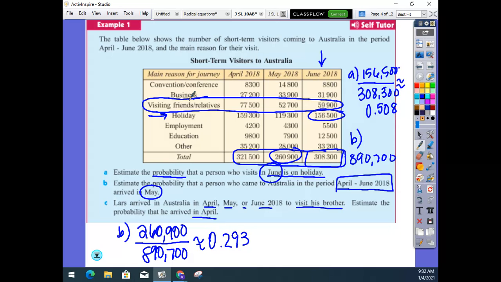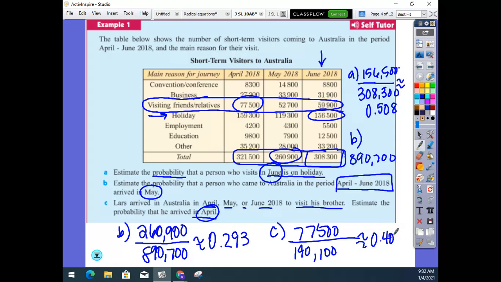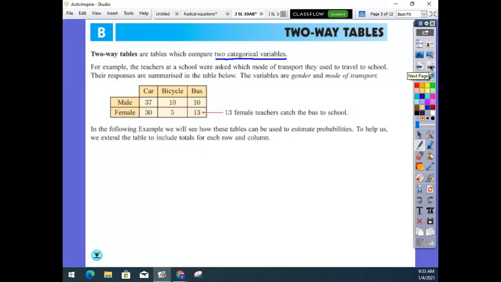So first, if we add all of these up, the total visiting friends is 190,100, and estimate the probability he arrived in April. And then we're going to estimate this to 3 sig figs, 0.408. So it's just reading tables and finding the probability of success over your total. And that is all A is.